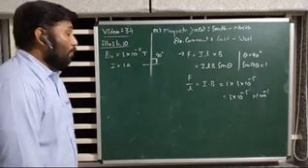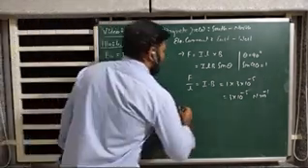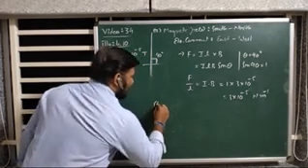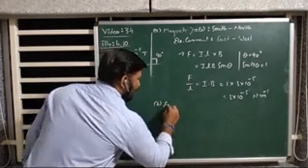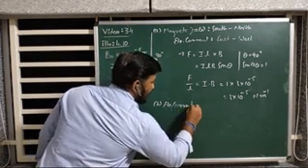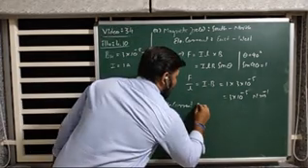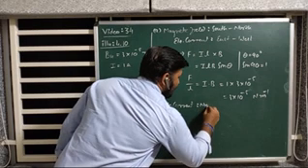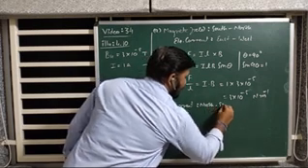Now, there is one more part, part B. The electric current is also along north to south.